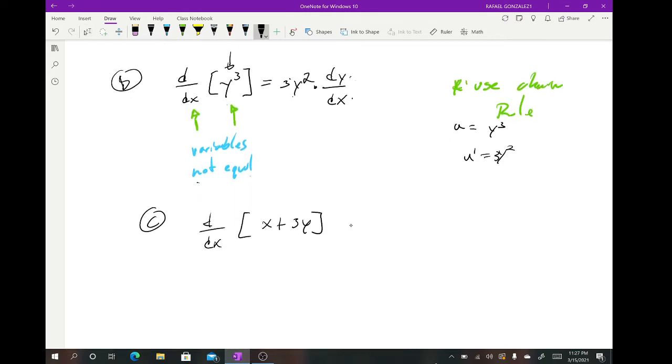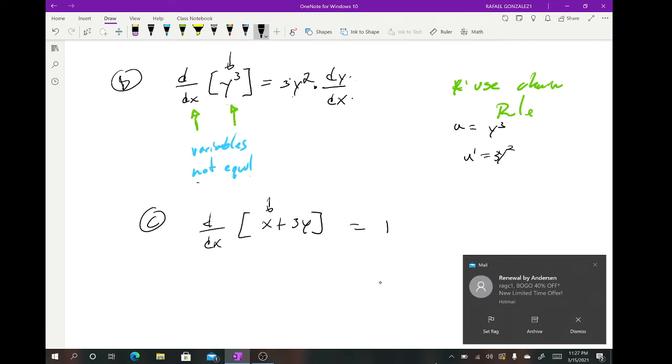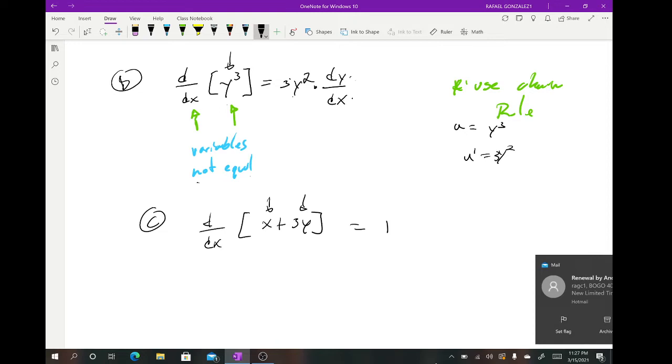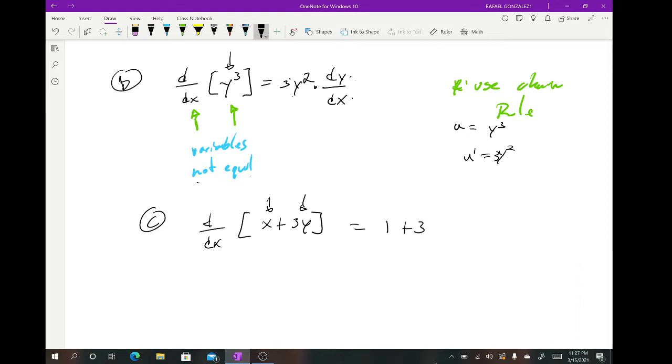You'll take the derivative of x as usual, that's just 1. And now this term has a y on it. So you'll take the derivative as usual of that, so that's plus 3. And then you're going to multiply by dy dx, because you took the derivative of y with respect to x. So wherever you see a y term, you're always going to add dy dx when you take the derivative.